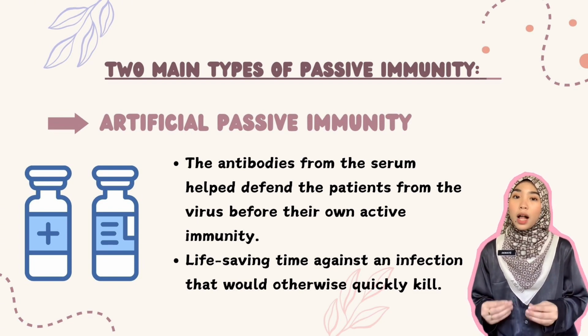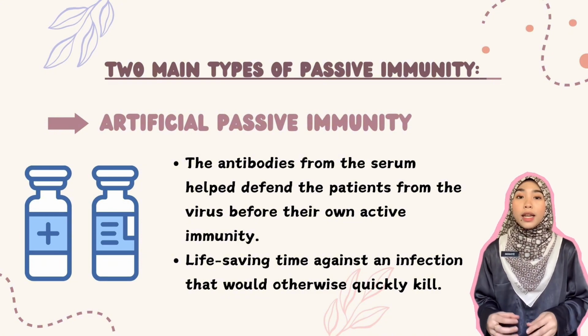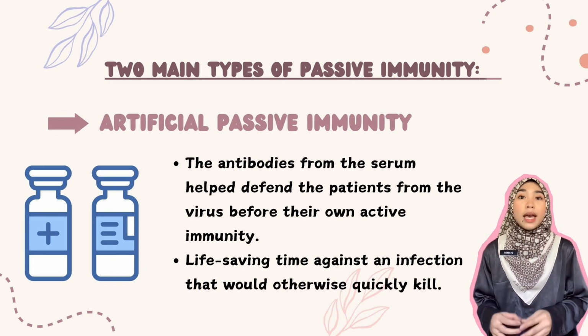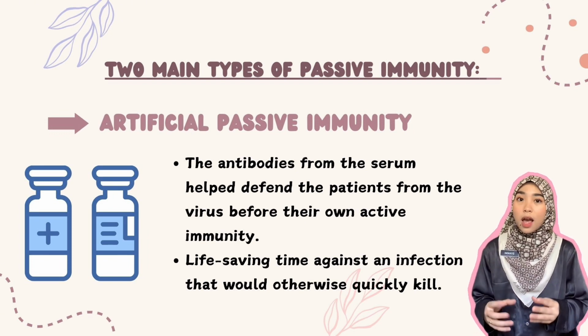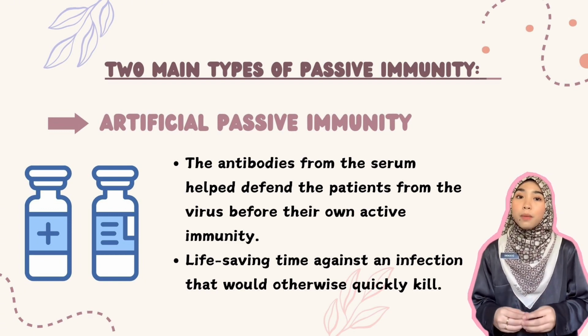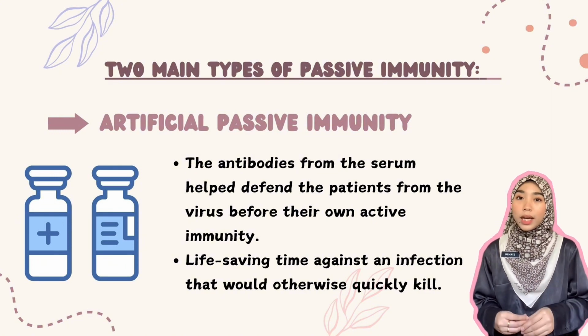The antibodies help defend the patient from the virus before their own active immunity could identify that particular antigen and start creating their own antibodies. It is not the same as a vaccine, which immediately engages your B cells, but it can buy a patient some crucial life-saving time against an infection that would otherwise quickly kill.